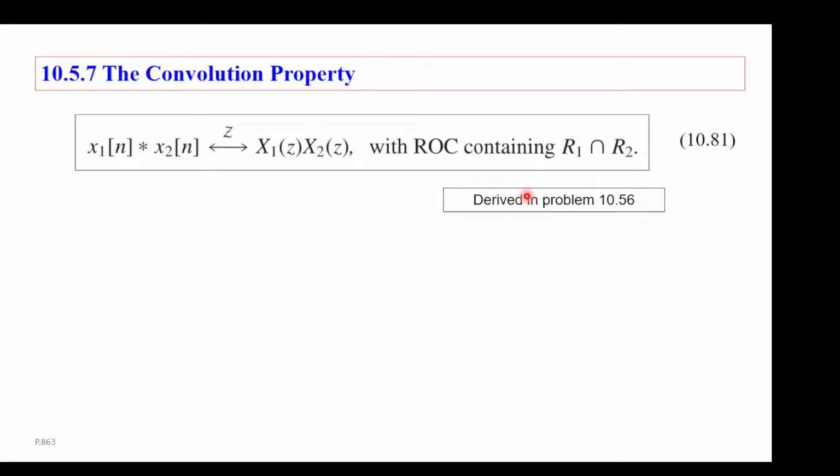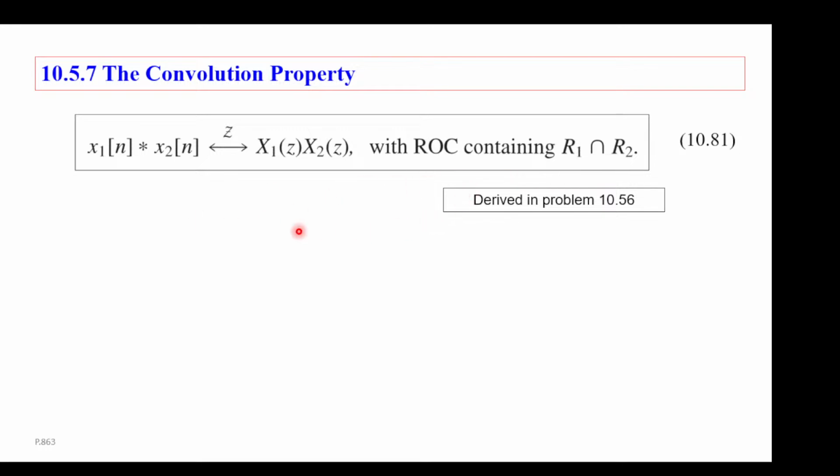And the ROC will contain the intersection between R1 and R2. We say containing because this multiplication might give you some pole zero cancellation. And in the homework you might see some tricky case where the intersection and the pole zero cancellation have some ordering issue.